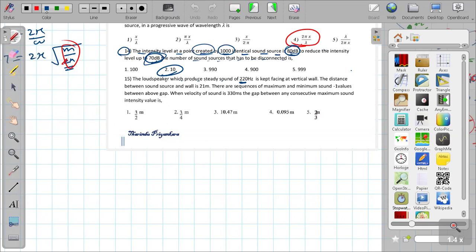What does it suggest? There are two vertical walls, 21 meters apart.